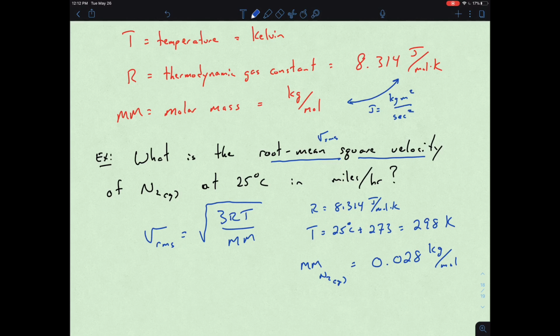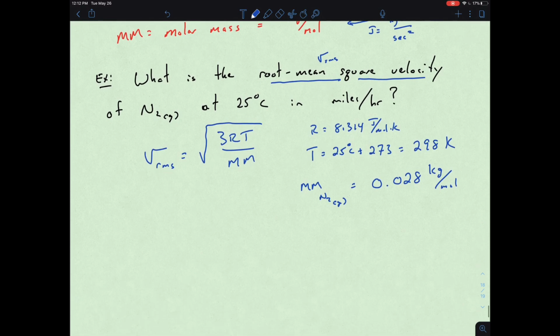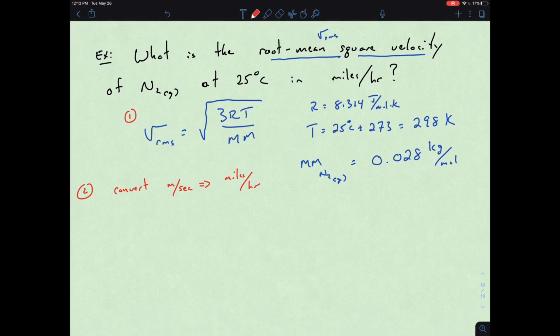Again, got to make sure that we're in kilograms for that. So we kind of have two steps here. One is just basically solving for the root mean square velocity, and then two, we're going to need to convert that meters per second to our miles per hour, just to keep our dimensional analysis practice going.